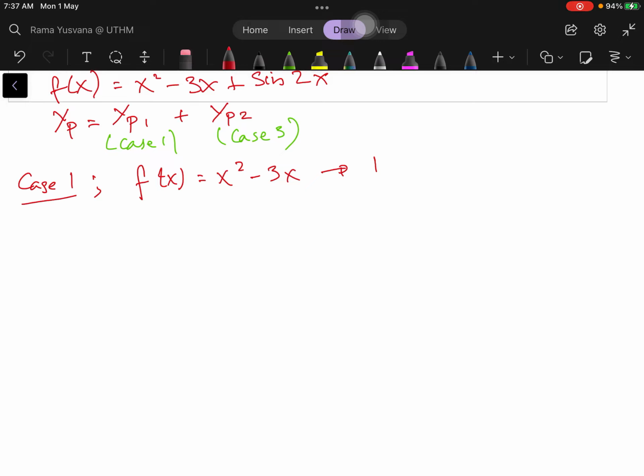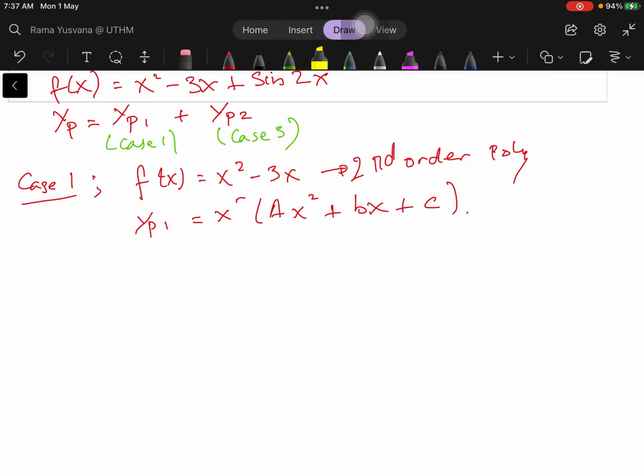In this case we are expecting a second-order polynomial, and therefore our particular integral 1, yp1, is expected to be in the form of x to the power of r times (ax squared plus bx plus c).